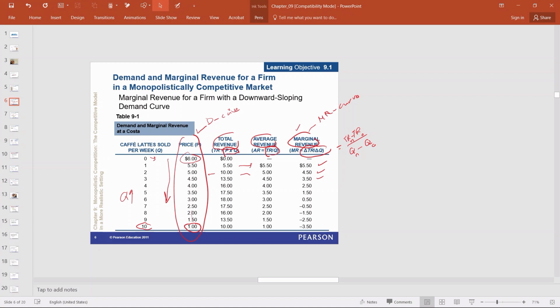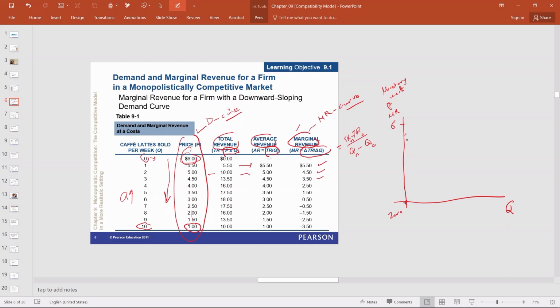So if I plot these two important curves, this is quantity and this is the price, or we can call it monetary unit because we will put price and marginal revenue together. So the price starts from 6, and at 6 the quantity is 0, so this is 0 here.